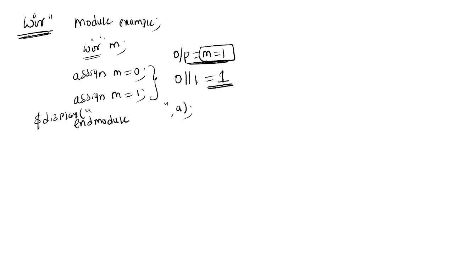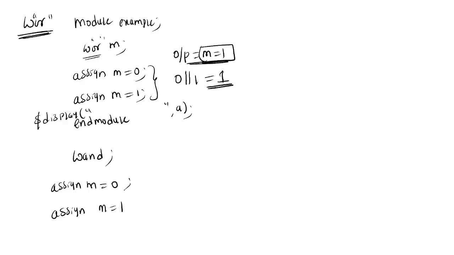Similarly wand also. For the same program I am using the wand data type: wand m, assign m equal to 0 and assign m equal to 1.